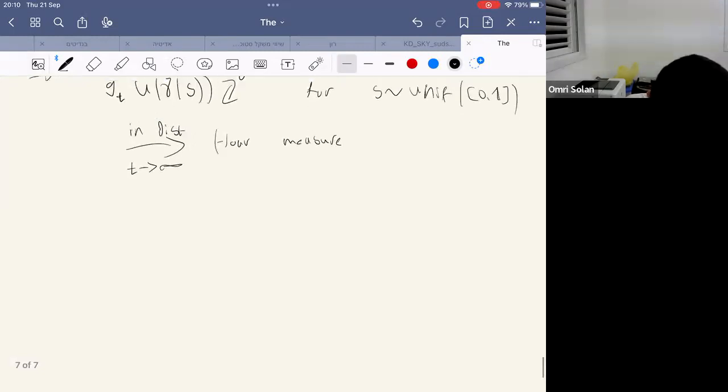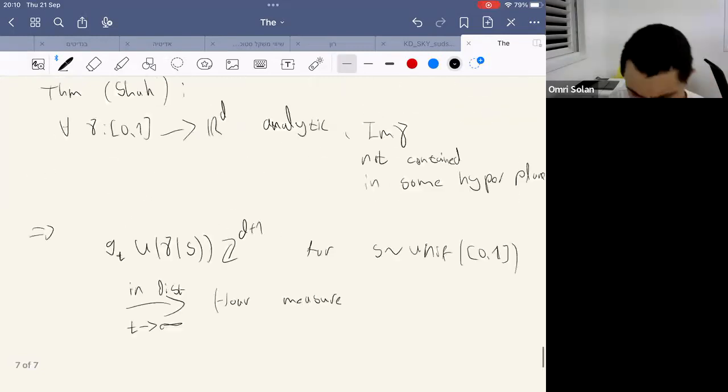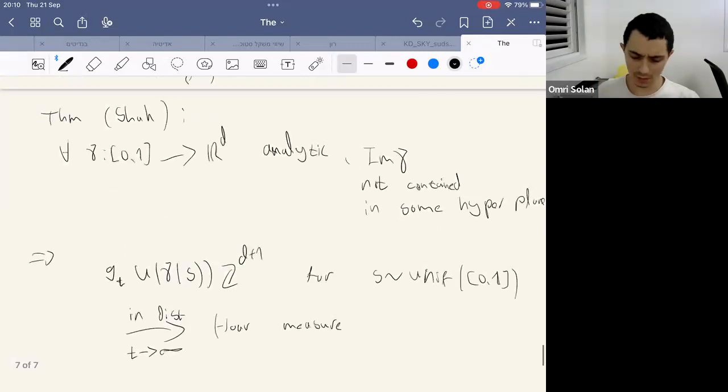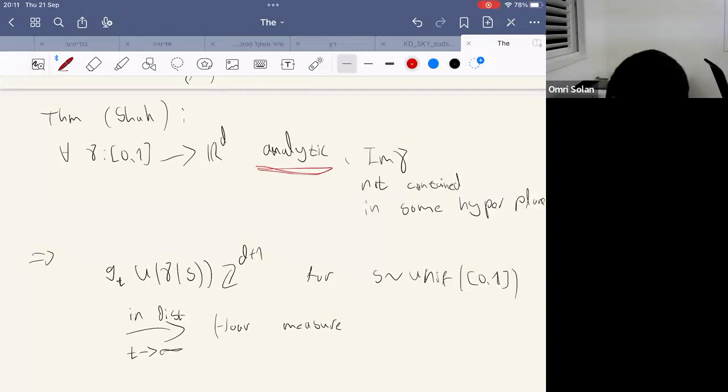Okay, this theorem is nice, but it's not as generic as possible. In particular, this condition of analyticity and not being contained in some hyperplane can be relaxed in many ways.